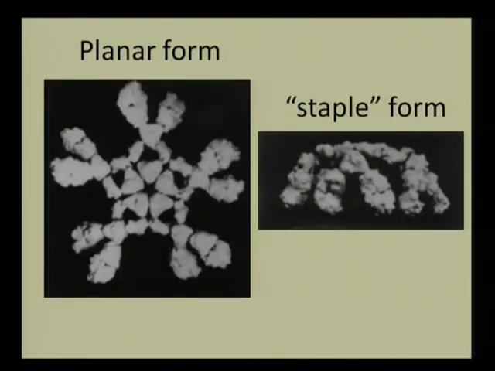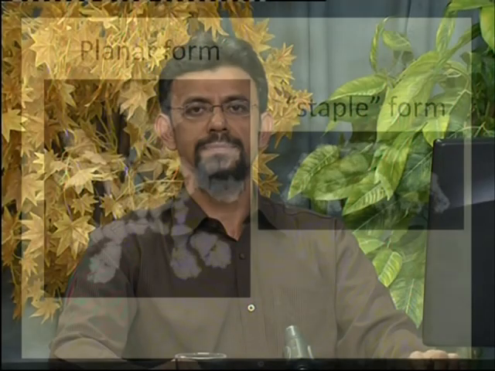You can see here the 2 configurations of IgM, that is the planar configuration and the staple configuration. This is the molecule of IgM in both its forms. So it is the staple configuration that activates the complement because its binding sites are exposed for the binding of the IgM to the C1q molecule.